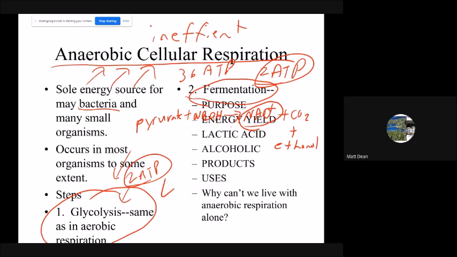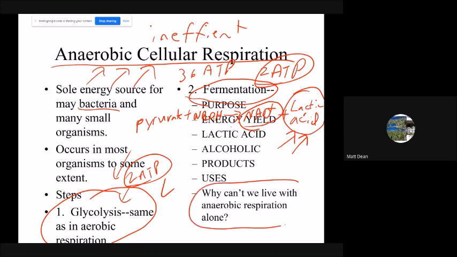This happens in mostly yeast. In most animals, on the other hand, the same kind of thing happens, except instead of generating CO2 and ethanol, animals and a lot of bacteria generate lactic acid, a waste product. This is the stuff that builds up in your muscles when you're really working out hard and you can't get enough oxygen to your muscles. We can't live with anaerobic respiration alone simply because it's so inefficient that it can't generate enough ATP to keep our cells alive.